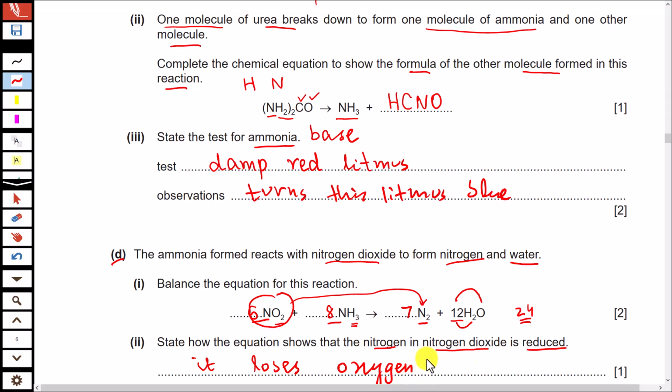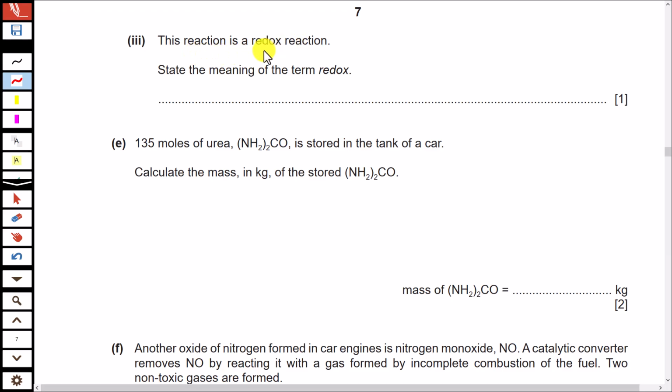This is how you show that nitrogen is undergoing reduction. This reaction is a redox reaction. State the meaning of the term redox. Redox means reduction and oxidation. A reaction where oxidation and reduction are taking place is called a redox reaction.